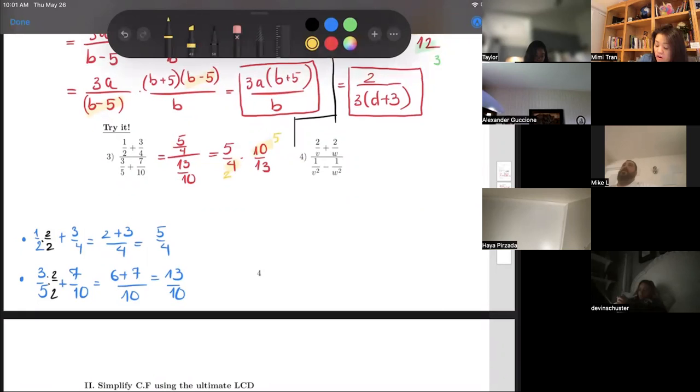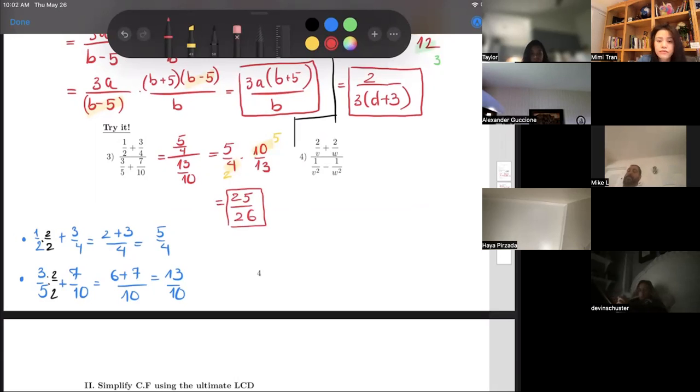And that's it, they're all prime: 5, 5, 2, 13. So multiply across. 5 times 5 is 25, and 2 times 13 is 26. As you can see, you cannot simplify 25 and 26.